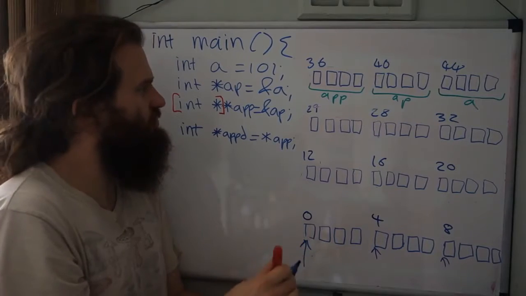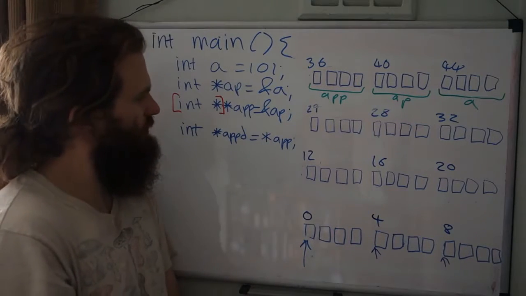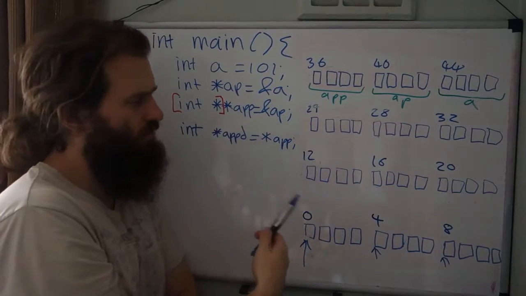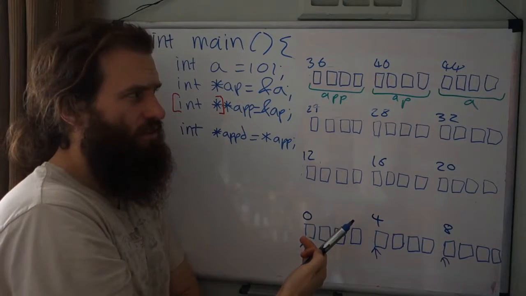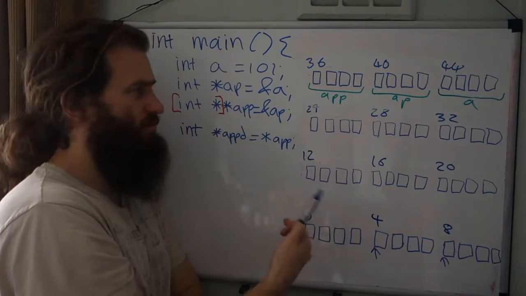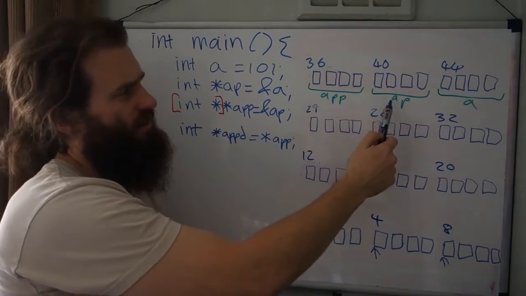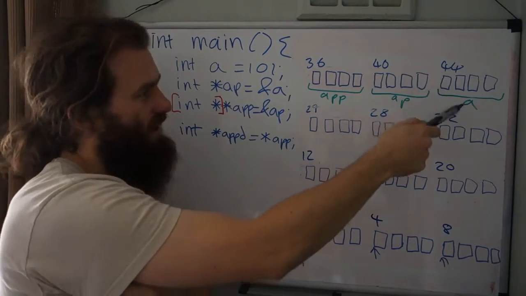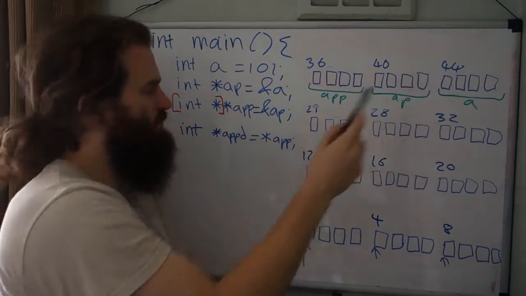So it's an integer pointer. The value we're getting is an integer pointer. And of course a pointer is just a memory address. So the value we're getting is another memory address, and it's the value of AP, which is the address of A, so it's the value 44.